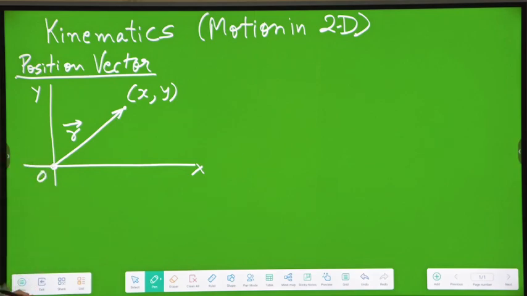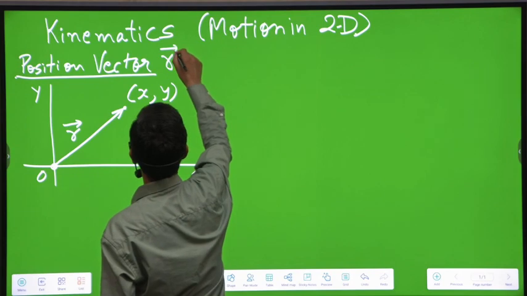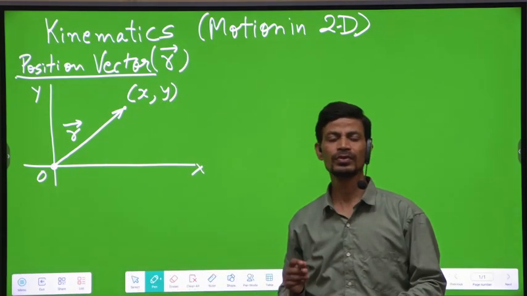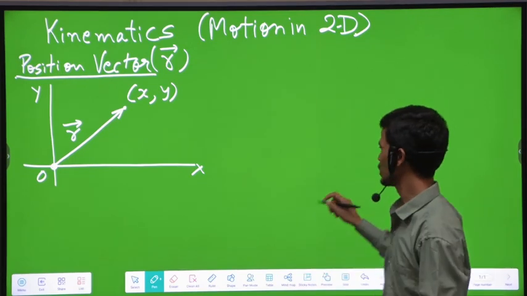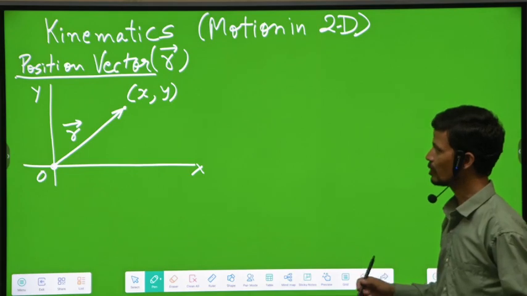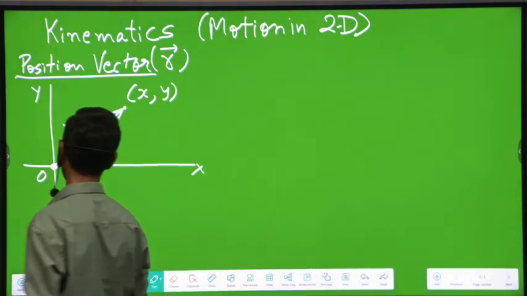It is represented by r. Don't get confused with radius. For geometric radius, we are going to use capital R, but for position vector, we are going to use small r.